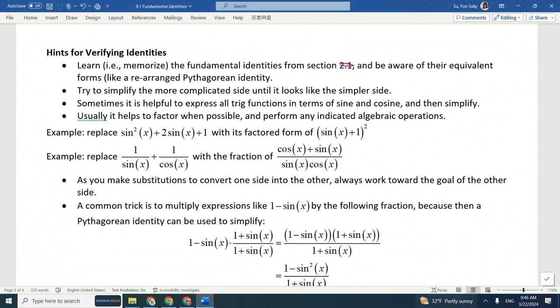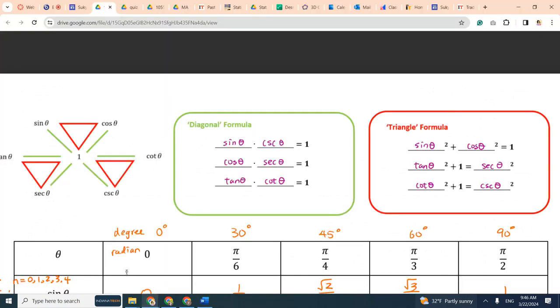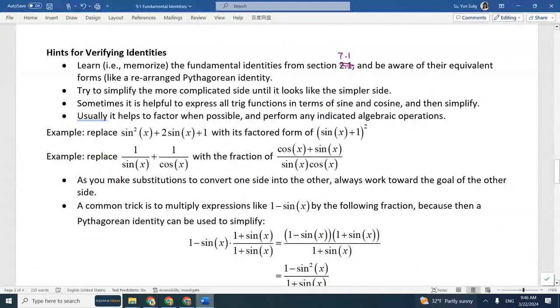Okay, yeah, I think 9.1. The fundamental identity means this. And we have been practicing them a long time. And be aware of their equivalent forms, like the rearranged Pythagorean identities.